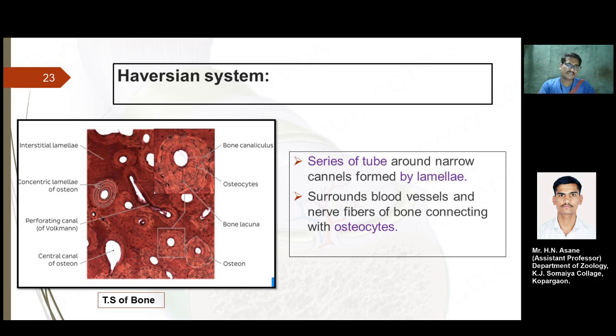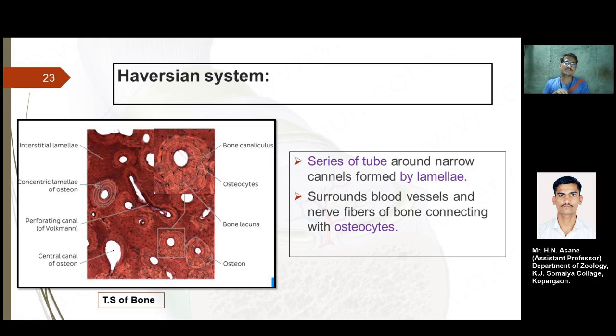As you can see in the tiers of bone, the interstitial lamellae are the supporting system for the Haversian system. We identify the Haversian system by the concentric lamellae of the osteon. Osteon means concentric circles, where one circle is covered by another circle, covered by a third circle, covered by a fourth circle.